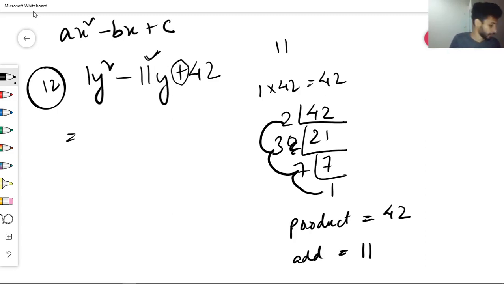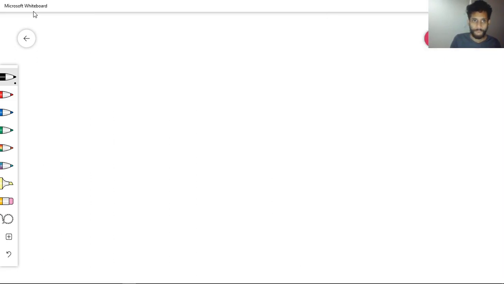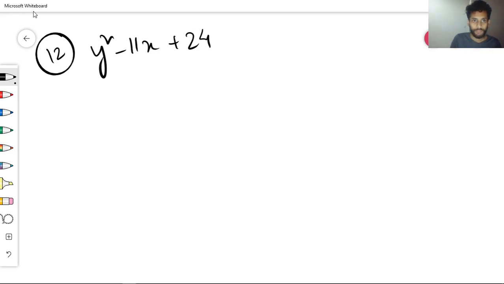Sorry, this one is not 42, this one was 24. My mistake. Let me clear this out again. Question number 12 was y square minus 11y plus 24.